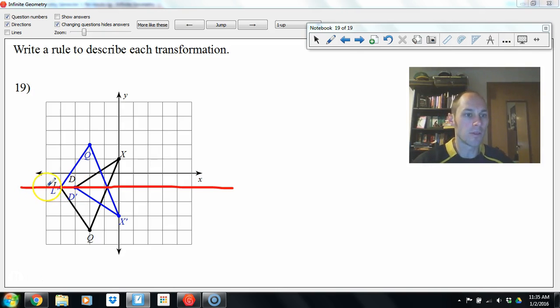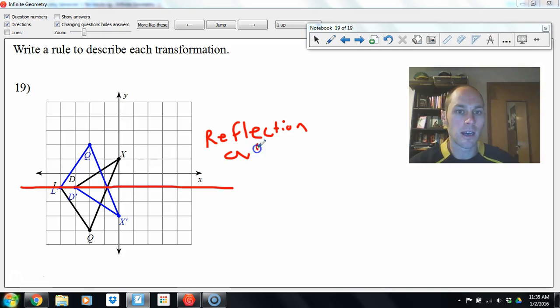So when they're on the line, we know the line has to go through that point. So we could say reflection, and we need to describe what it's reflecting across. So this is reflecting across the red line that I drew on there, and that line we would describe as x equals -1, because it's the line that goes through the x-axis at -1.